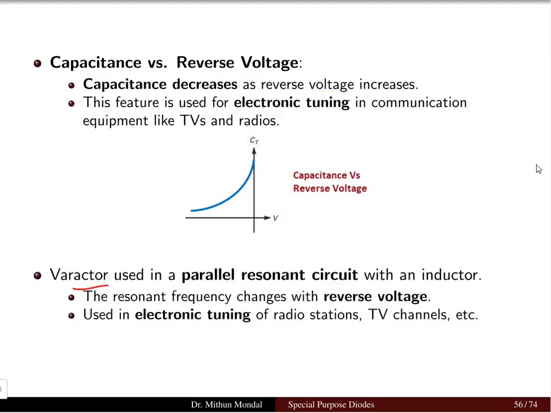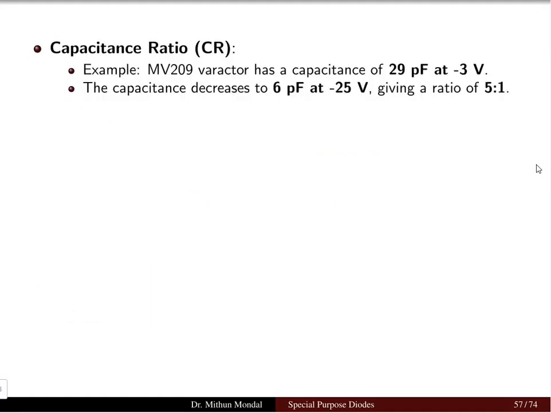The Varactor is used in a parallel resonant circuit with an inductor. The resonant frequency will change with reverse bias voltage, and hence it is used in electronic tuning of radio stations and TV channels. A term we use is the capacitance ratio. For example, the MV209 Varactor has a capacitance of 29 picofarad at -3 volt, where minus means reverse biased.